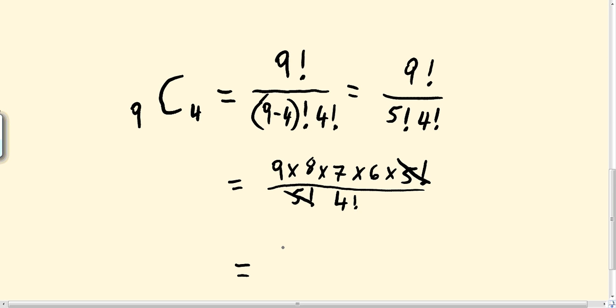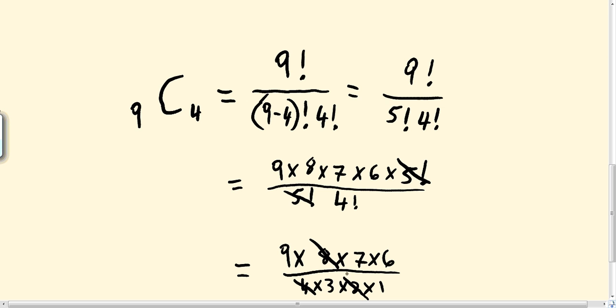So what I have on top is 9 times 8 times 7 times 6. And on the bottom, I have 4 times 3 times 2 times 1. Well, let's see here. The 4 and the 2 make an 8, so that cancels. And 3 goes into 6 twice. So what I'm really doing is 9 times 7 times 2.